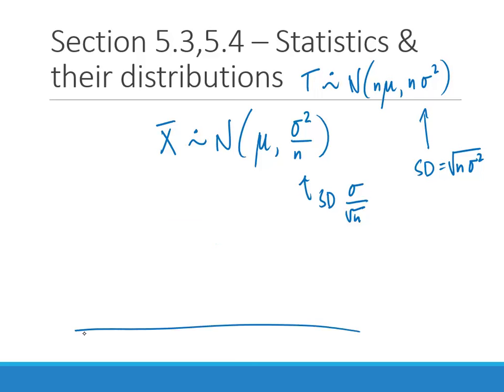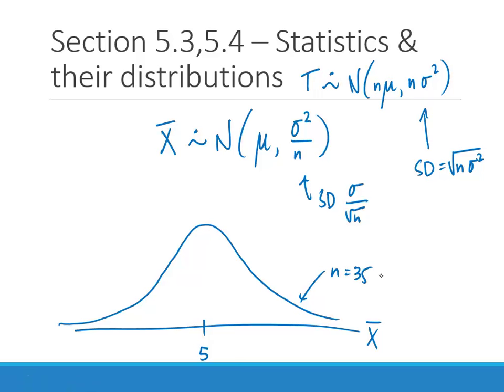Yes. So let me redraw that picture. If this is my sample mean x bar, here's the mean. It's centered at 4, so it's going to be approximately this normal shape here. Sorry, it's centered at 5. So this is for when n equals 35, for example.